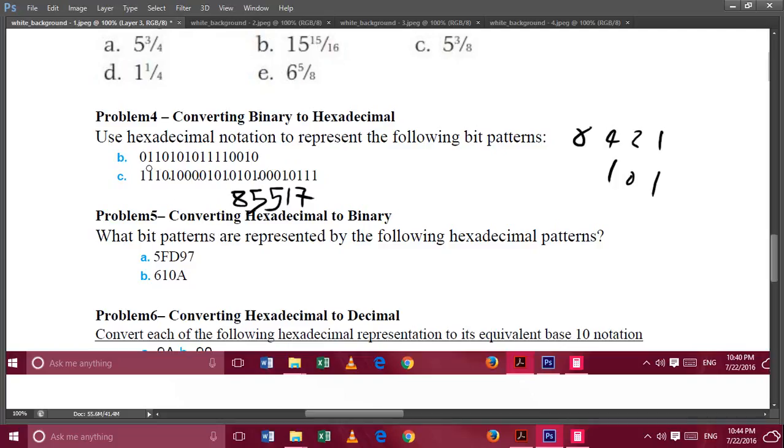And finally, that final number right there is 0, 1, 1, 1, that would be 7, 7 and 8, that would be 14, and we all know that 14 in hexadecimal is E. So that's how to convert this number into hexadecimal. E85517. Okay.